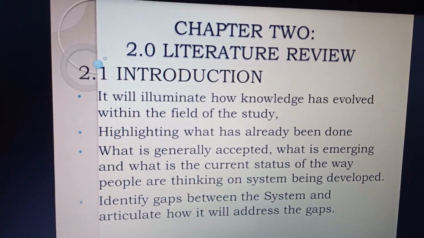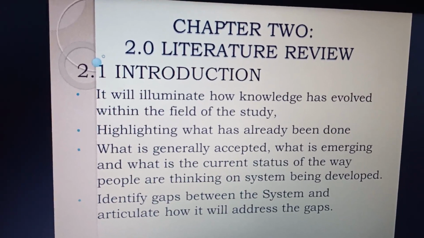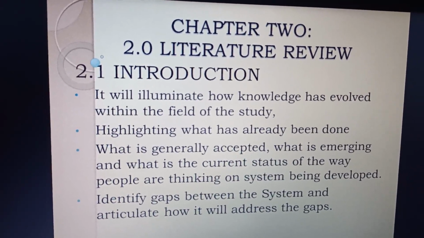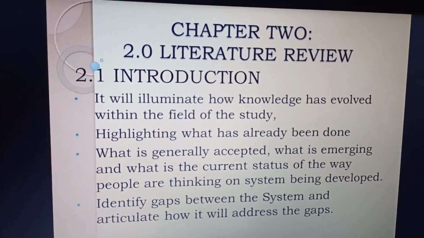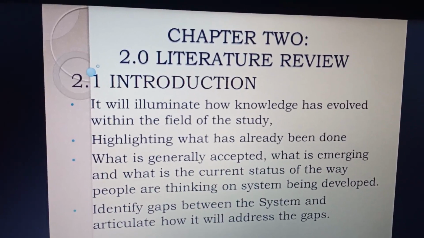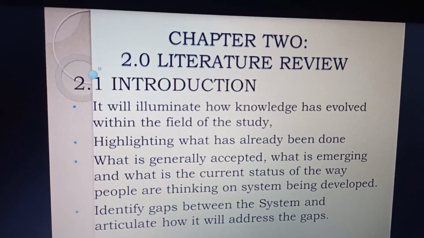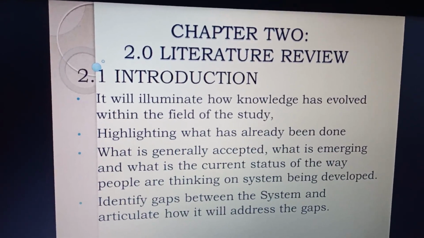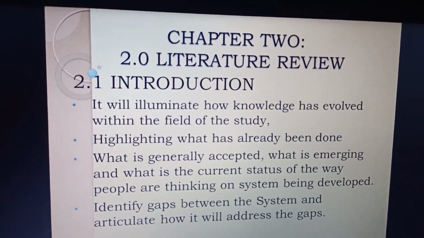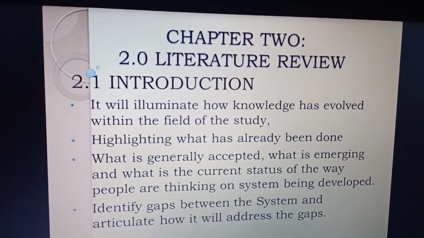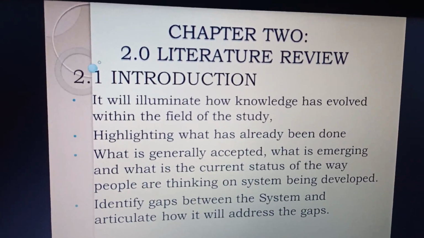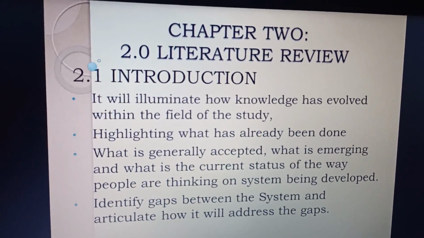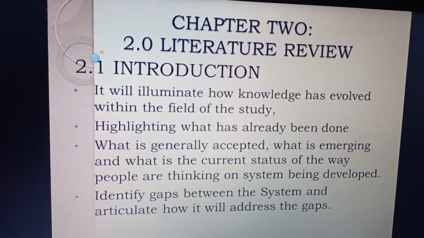In the systems that you have reviewed, you have found some problems that already exist. So these gaps, these problems, we call them gaps. And the system that you are developing should address these gaps. They should find a solution to the problems that we are calling gaps.